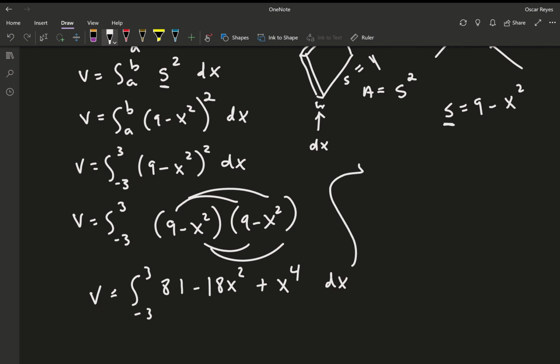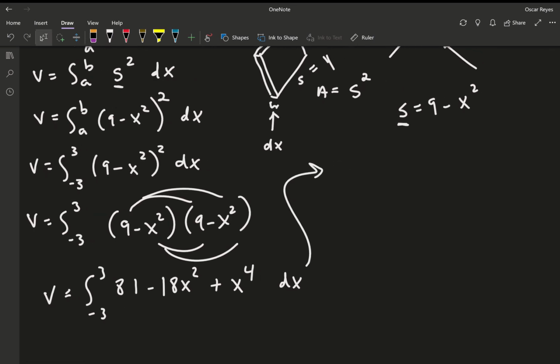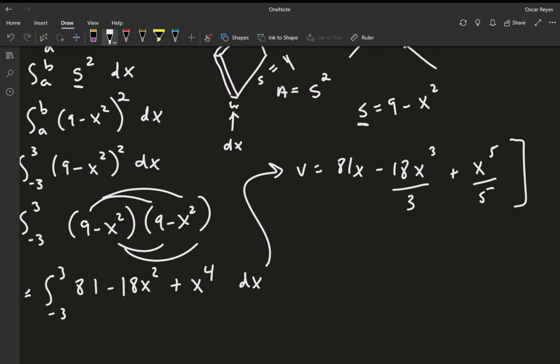So then, now we have to take the antiderivative of that. So our volume, the antiderivative of 81 is 81x minus 18x cubed over 3 plus x to the fifth over 5. And we're looking at it between -3 and 3.